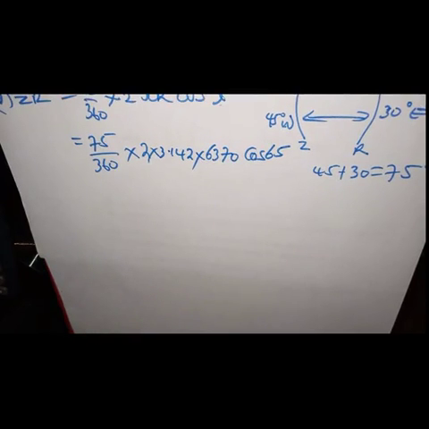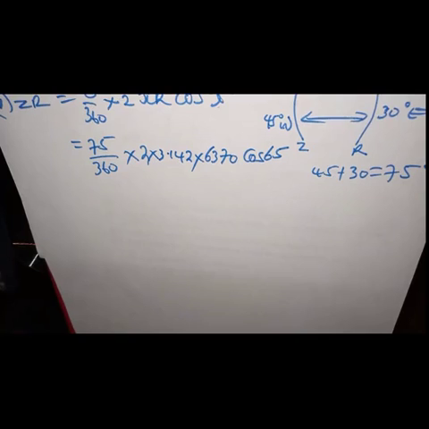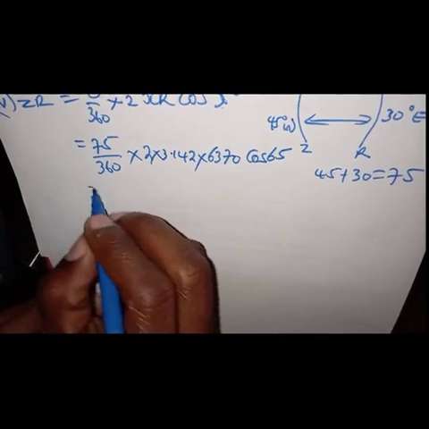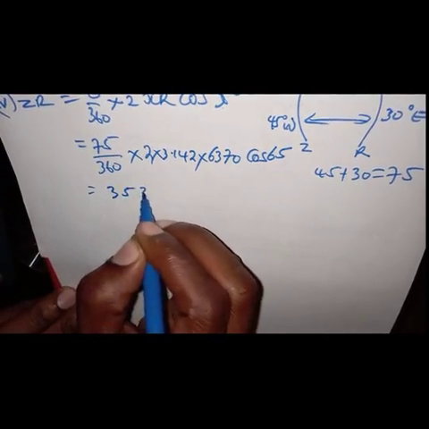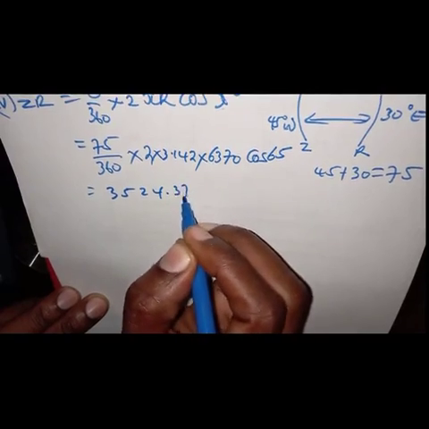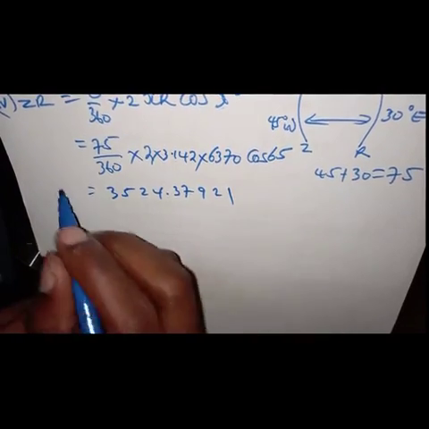So 75 divided by 360 times 2 times 3.142 times 6370 times cos 65. So the answer is 3524.37921.